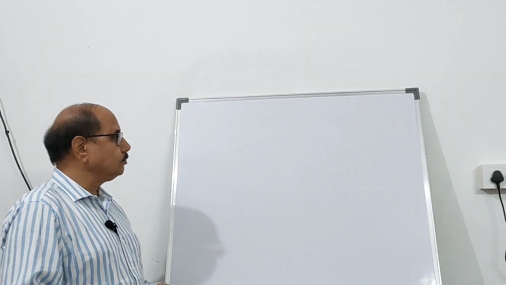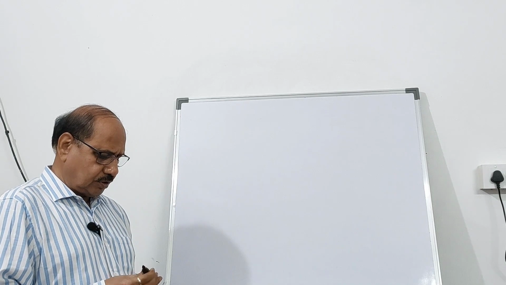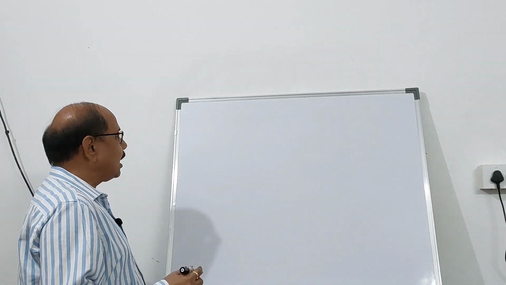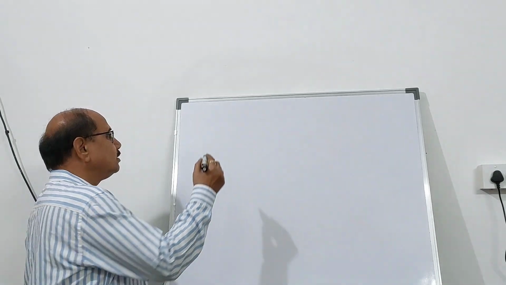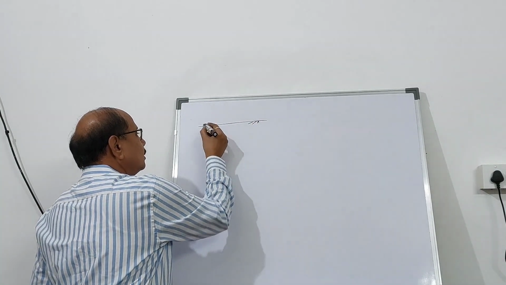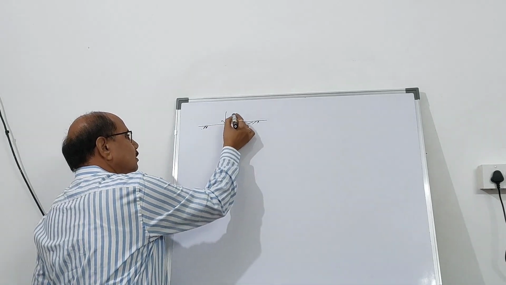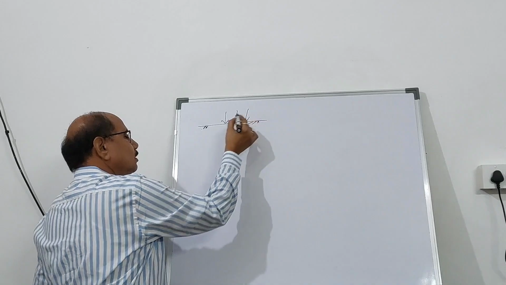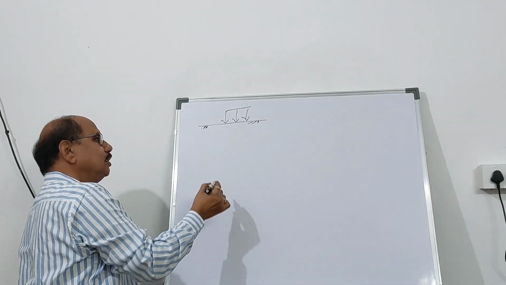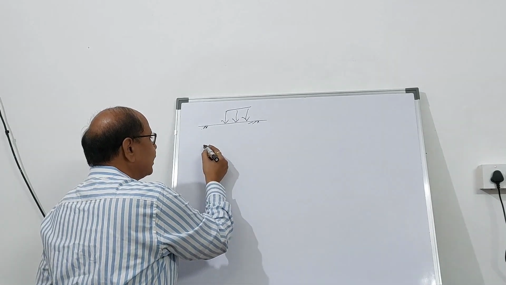Hello everyone. In continuation of the previous videos on the consolidation process, last time we have seen that if the ground is subjected to any vertical loading, this intensity of loading is going to create an extra pore water pressure in saturated clay.